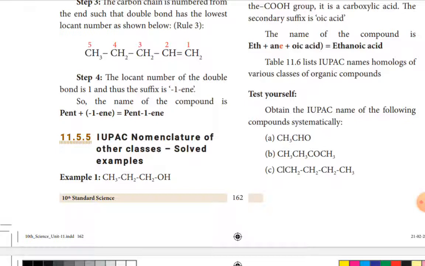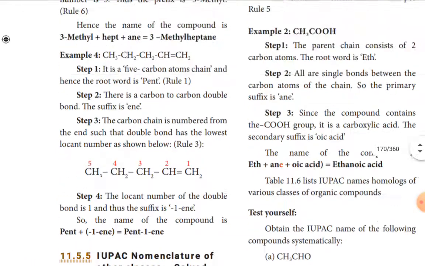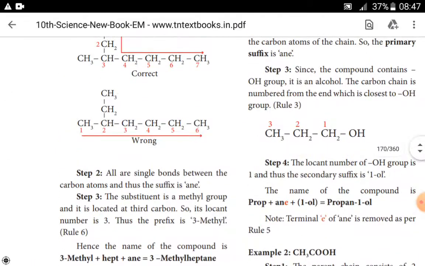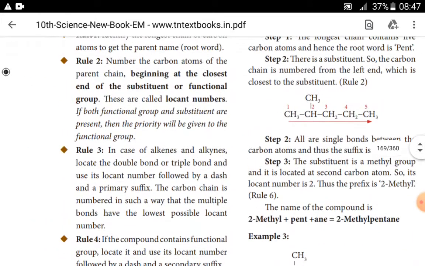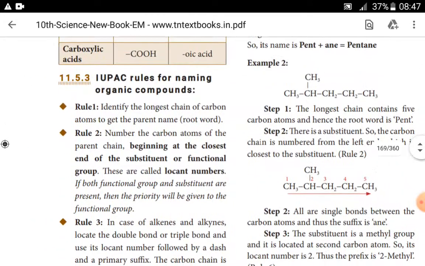First compound, CH3, CH2, CH2OH. According to the IUPAC rules, first you have to find out the number of carbon atoms. In the first rule, you have to identify the longest carbon chain. From this, we identify the parent hydrocarbon and the root word can be obtained.